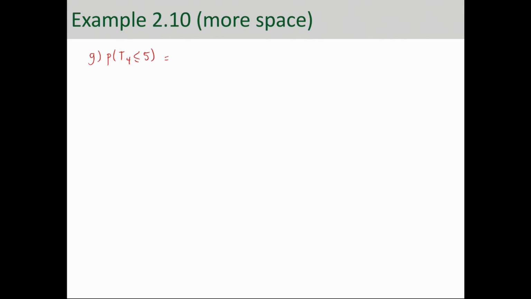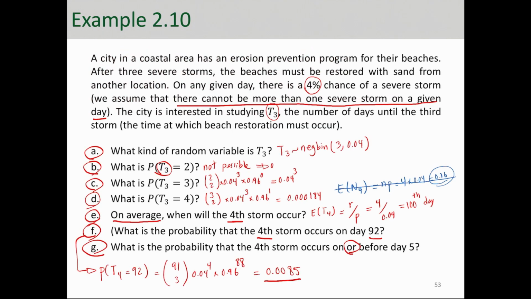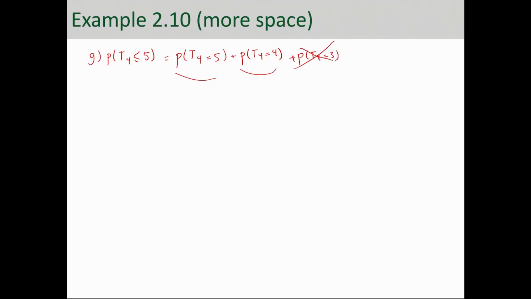You cannot have 4 storms in 3 days, for example. So that's just a summation of two probabilities. T4 being equal to 5 plus T4 equals 4. We can't go further because there is no probability of T4 equals to 3. It's not possible. So you just need to calculate these two probabilities the same way that we calculated them here using the PMF formula and add them up.